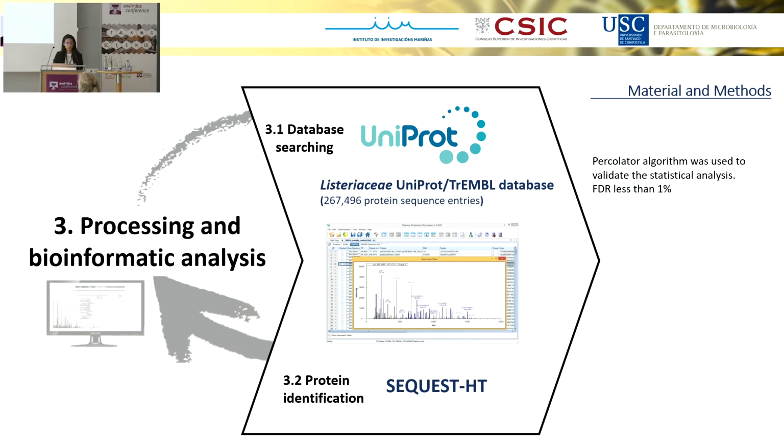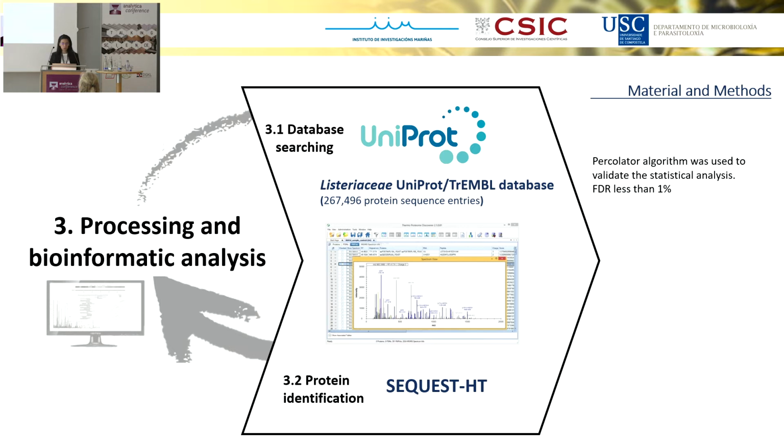For the processing and bioinformatic analysis, we compared our data, the peptides that we obtained, against a Listeria database from UniProt TrEMBL, which has 267,496 protein sequence entries, and we used the SEQUEST program for protein identification.